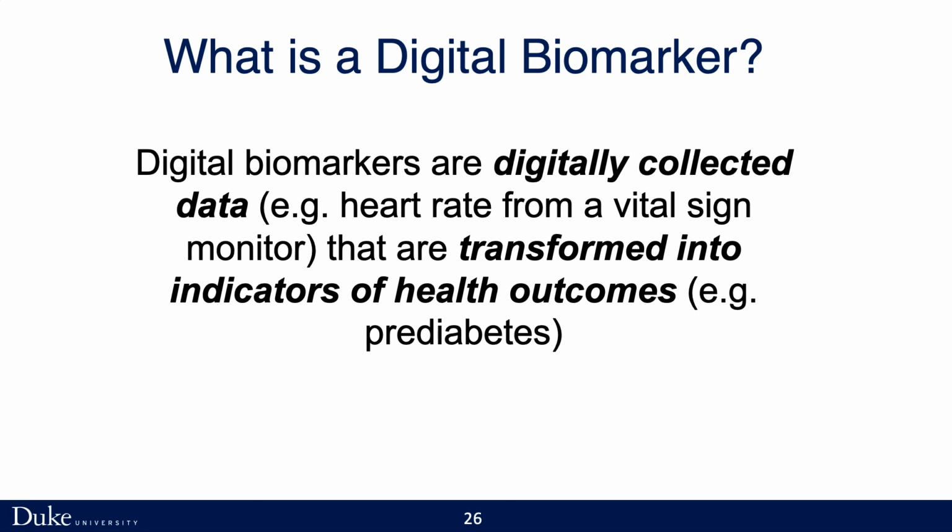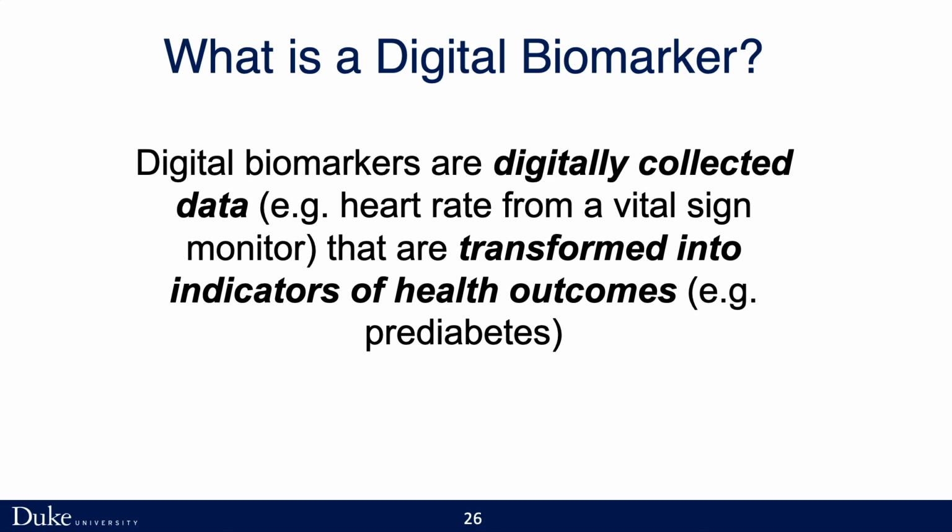And so the idea here is that we're taking data that comes from a wearable sensor, and we are discovering a mathematical relationship to some indicator of a health outcome. And so maybe that is a clinical measurement like blood glucose that is usually used to indicate diabetes or prediabetes.